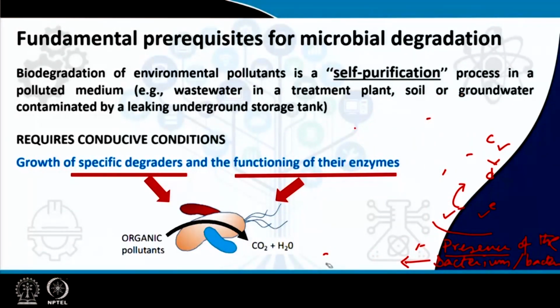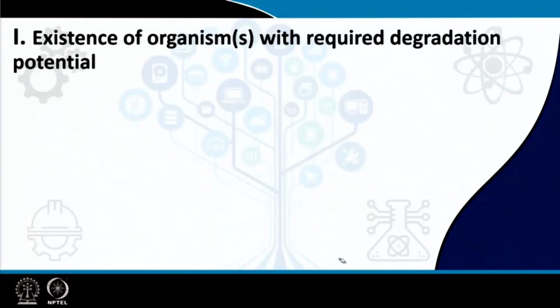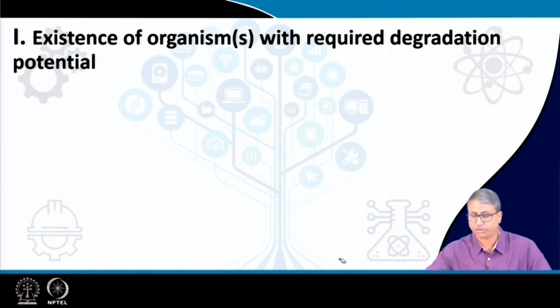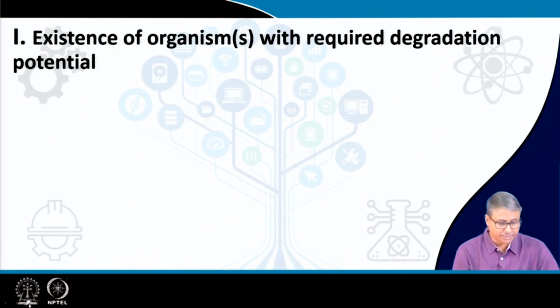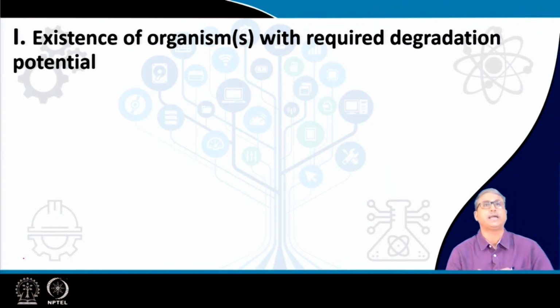Okay, so with that we proceed to the next major aspect of the requirements for this biodegradation. First is the existence of the organism with required degradation potential. In the previous slide I have emphasized that the capable organisms are to be there.